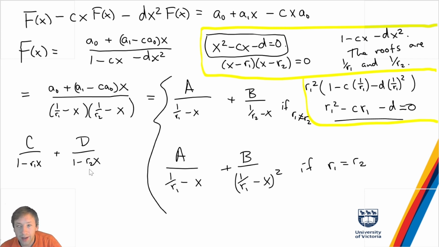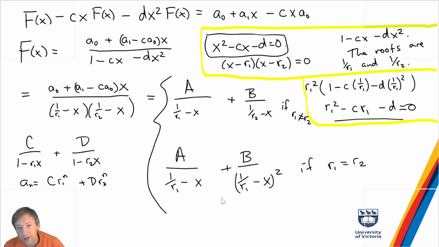Basically this tells you that a_n is equal to c times r1 to the n plus d times r2 to the n, for some constants c and d. So this is exactly giving us what we expected from looking at the roots of the characteristic equation.